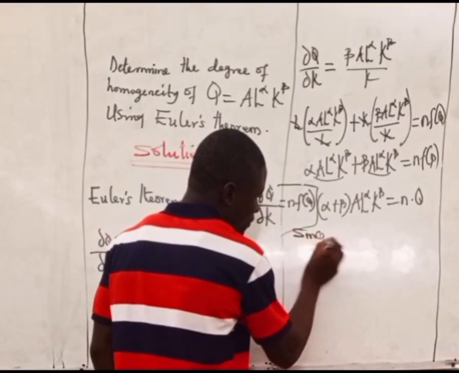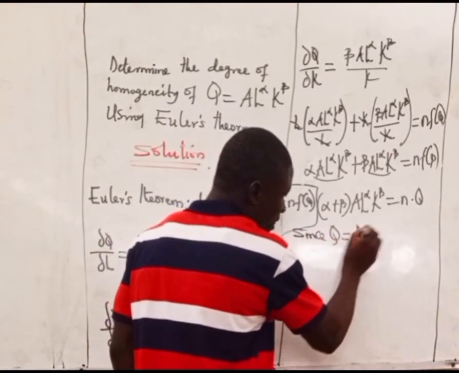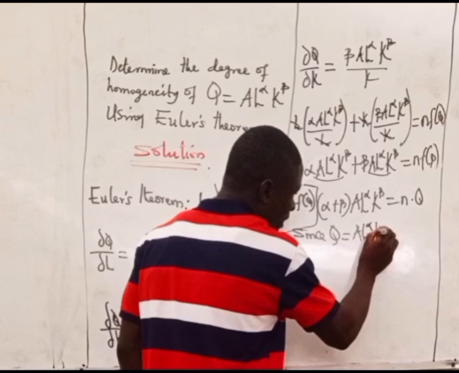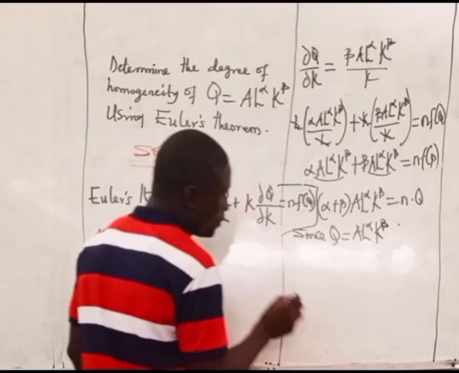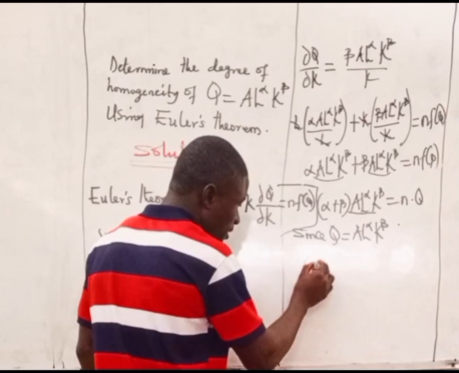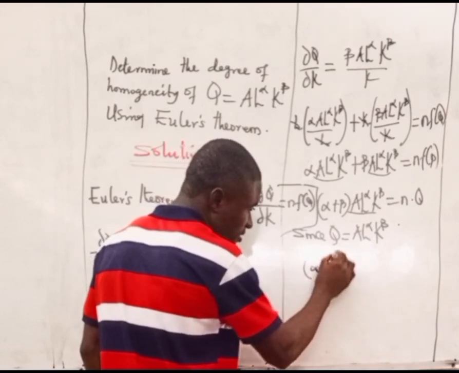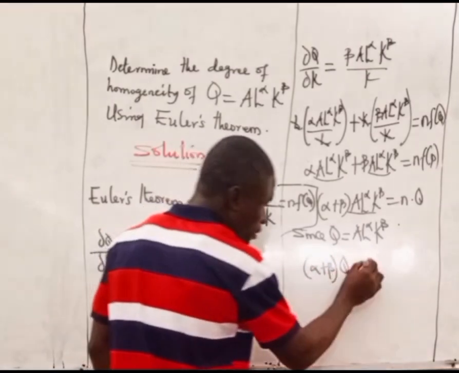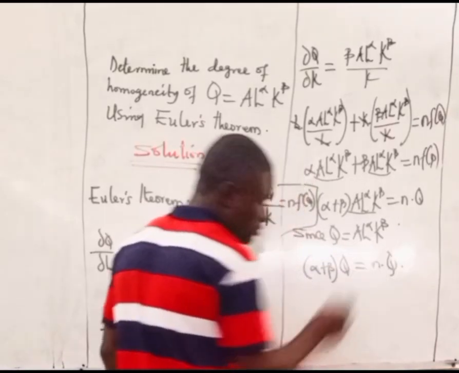Since Q equals A L^alpha K^beta, we can assume that this is also Q. So we have alpha plus beta into Q equals n times Q.